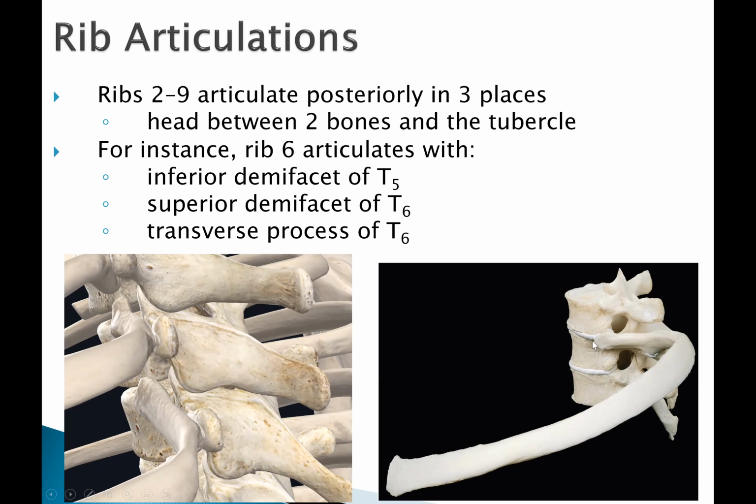So if this is rib 6, this will be T5 and T6. And so it's going to touch the inferior demifacet of T5, the superior demifacet of T6, and the transverse process, those ears, of T6. This is the main one I want you to remember, the transverse process. So whatever transverse process the tubercle hits, that's the rib number. Okay, that's the rib number.